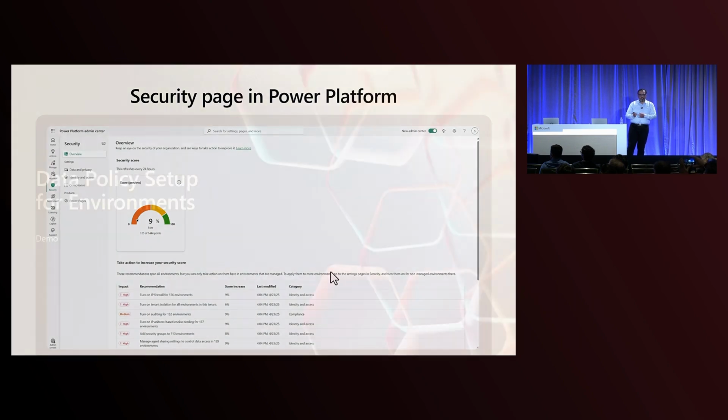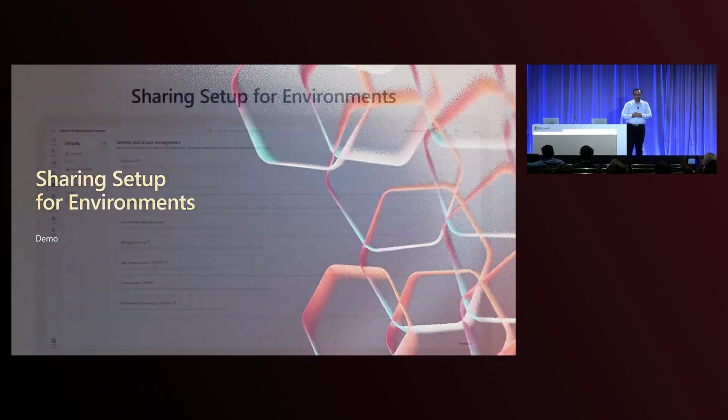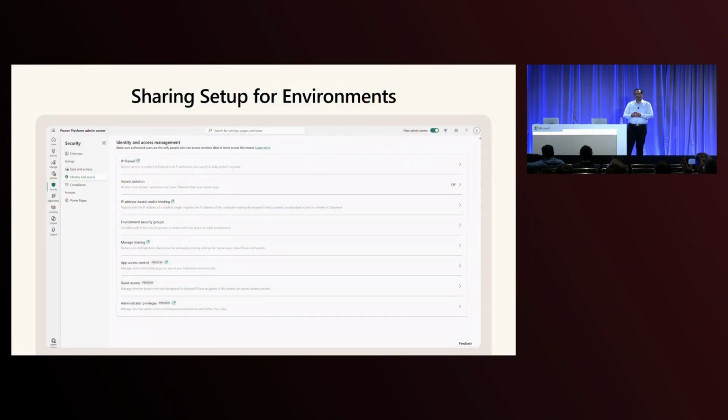We looked into some data policy setup on environments, how we can restrict the SharePoint, OneDrive, or authentication aspect of it, or many other things if you want to restrict the makers and developers on the environments as well.